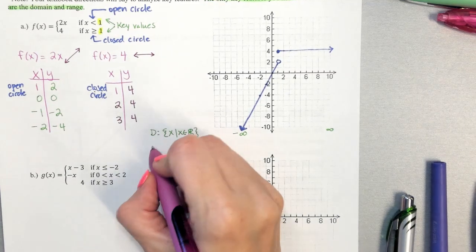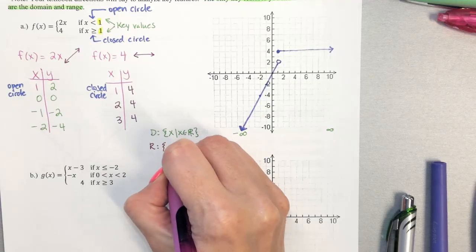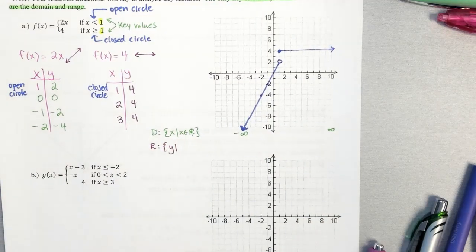Okay, I want to give you guys a chance to do the range. This is something that we were working on last week. And again, we're going to write it in set builder notation.